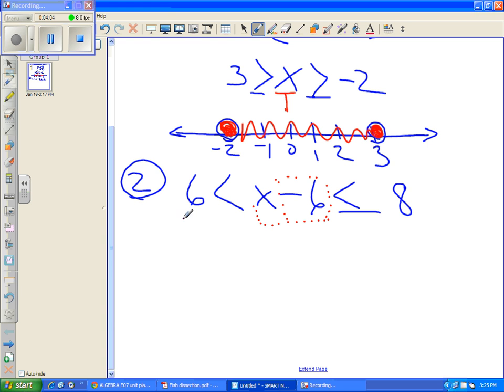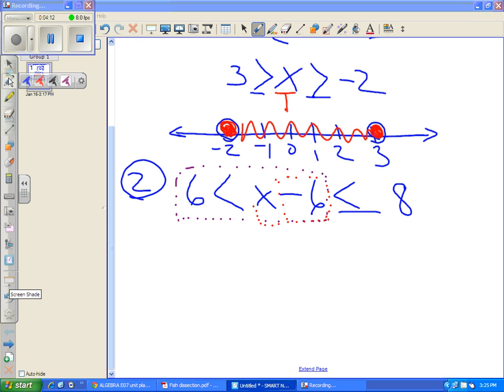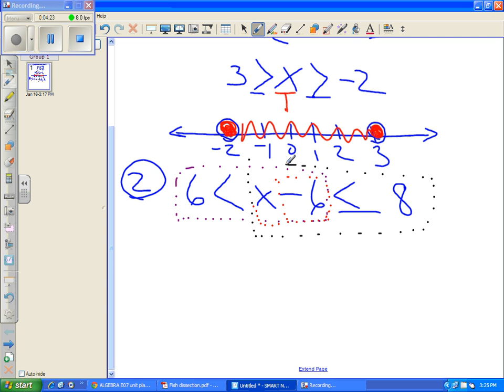We're going to first solve this inequality, and in a slightly different color, we're going to solve, secondly, this inequality. So let me set the first one up. 6 is less than x minus 6.